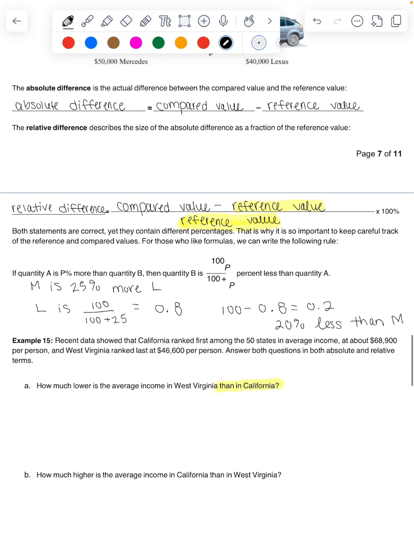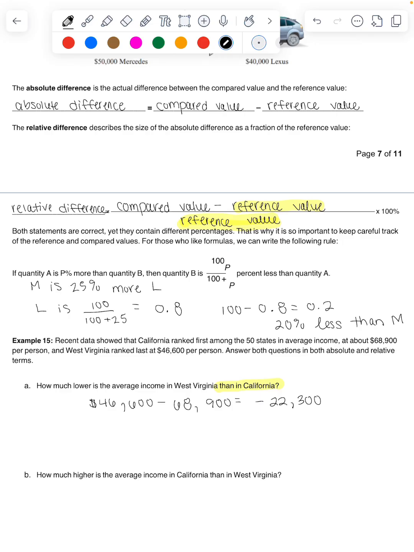So our absolute difference is going to be our West Virginia number, which is 46,600, minus our reference value, which is 68,900. 46,600 minus 68,900 is negative 22,300.